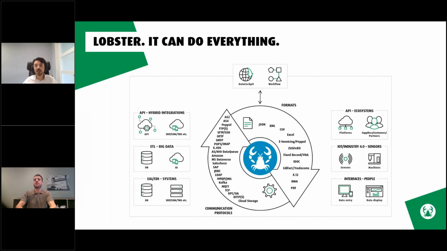So next to that, Lobster is used for API management, and this can be either to connect internal systems with each other, or towards the outside, towards your customers or suppliers or partners. And you can even set up your own API for them with Lobster if that's something you are interested in.